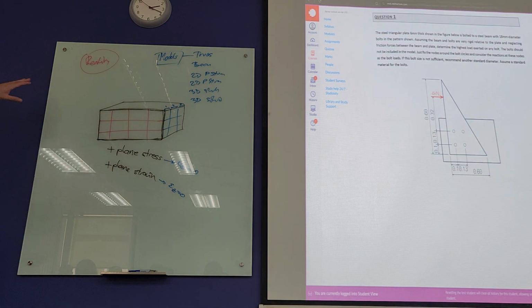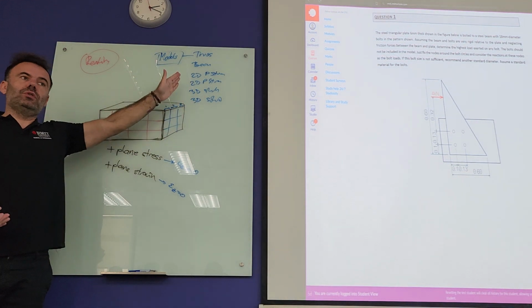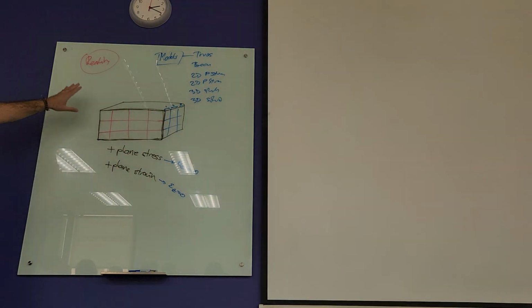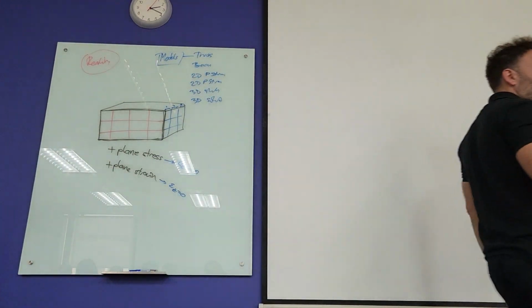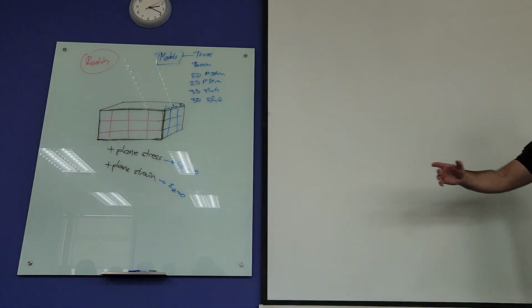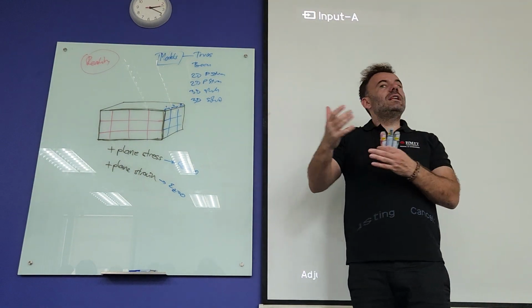So, whatever that reality is, you have to find the best and cheapest model for it. If your reality cannot be captured by plane stress and plane strain, that means you cannot use them. I mean, you can, but your results will be wrong.